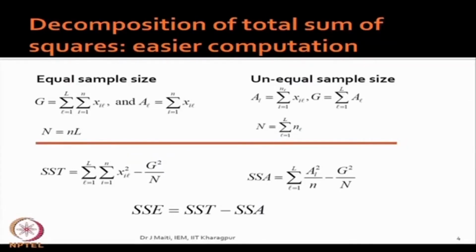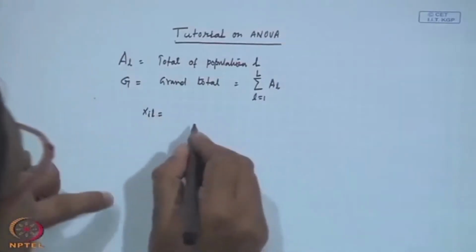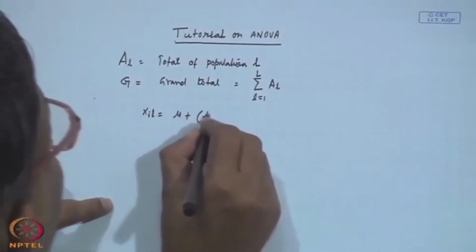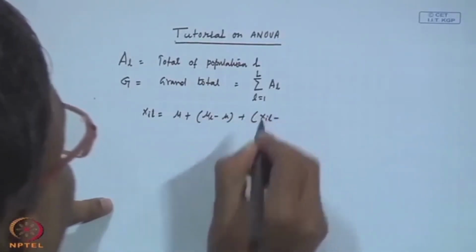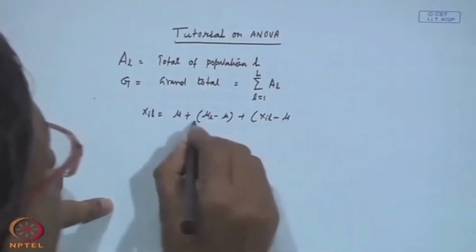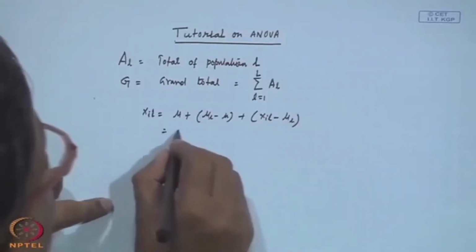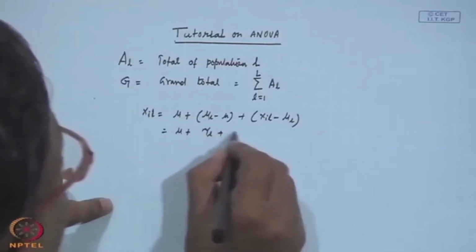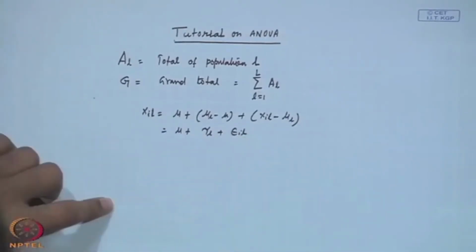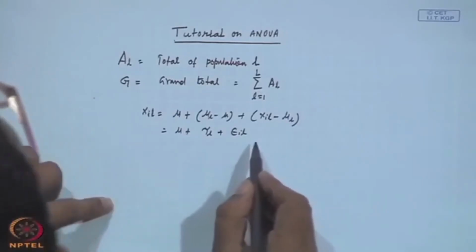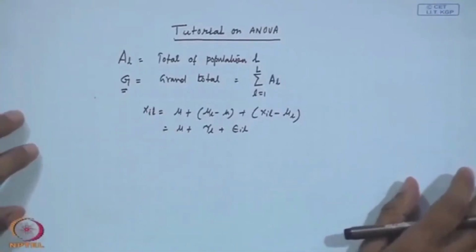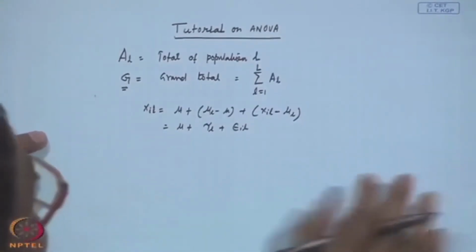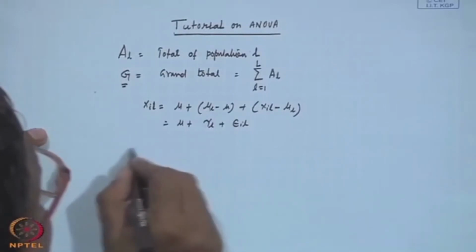So, what is our ANOVA model here? The ANOVA model is XIL equal to mu plus (mu L minus mu) plus (XIL minus mu L), which is mu plus tau L plus epsilon IL. This is our ANOVA model we have seen, and we will now see the computation of AL and G. What will be the grand total?